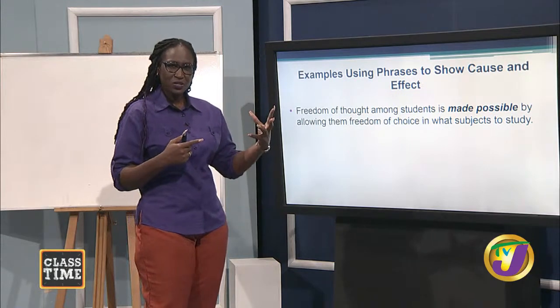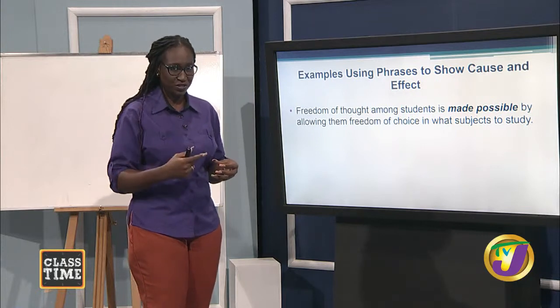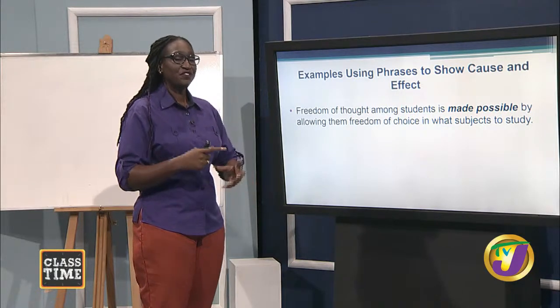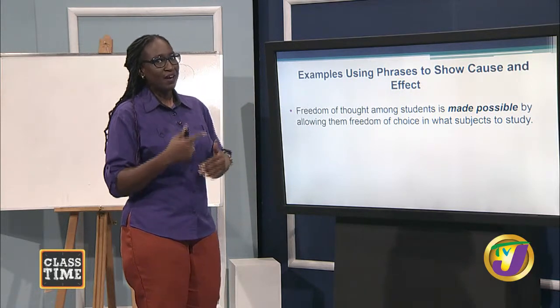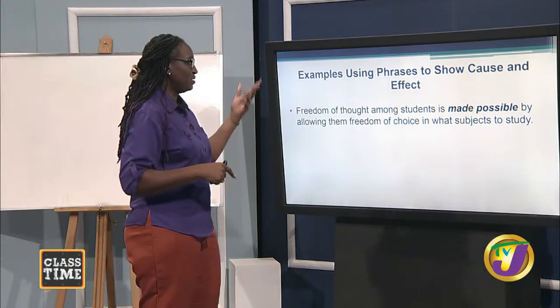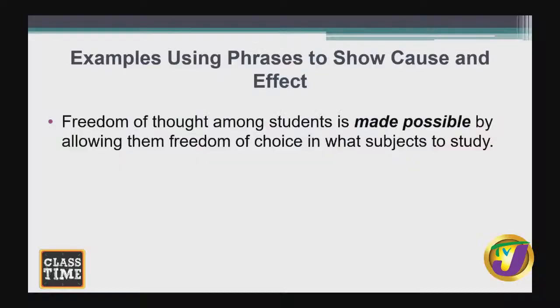And what is going to happen? If you allow them the freedom to choose subjects, then what will result is that their freedom of thought will be developed. So in this case, you actually put the cause after the effect. The effect will be freedom of thought, and the cause will be freedom to choose. So you don't have to put the cause before the effect. You can actually put the effect and then go back to what caused it. So those are two different ways you can try it out. Again, remember, we're promoting creativity, we're promoting difference.